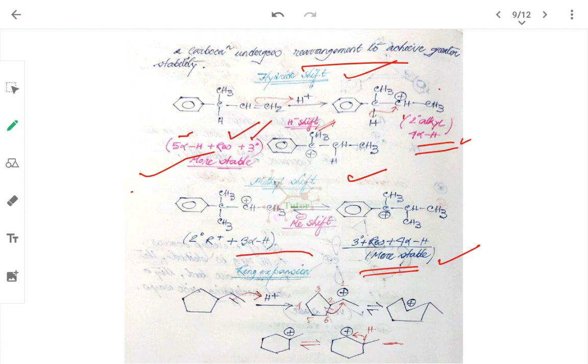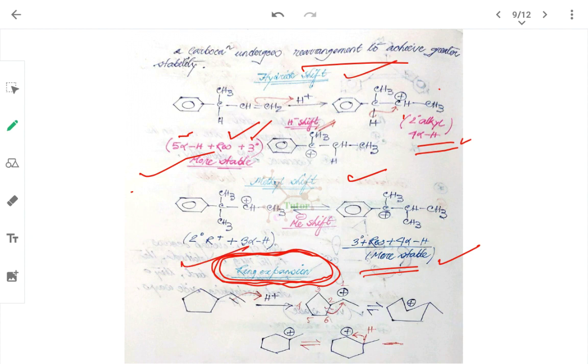Now, ring expansion is not an extremely important topic in our NEET syllabus, but it is extremely important if you want to know organic chemistry in very deep knowledge. But from the point of view of our NEET syllabus, it is not so important.